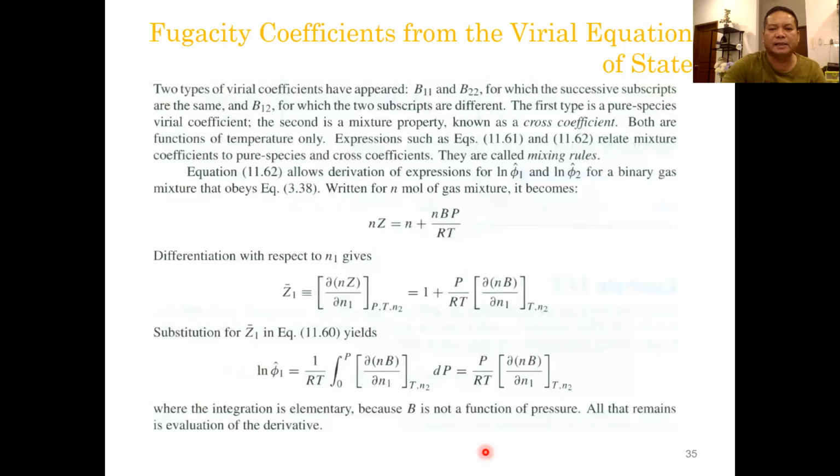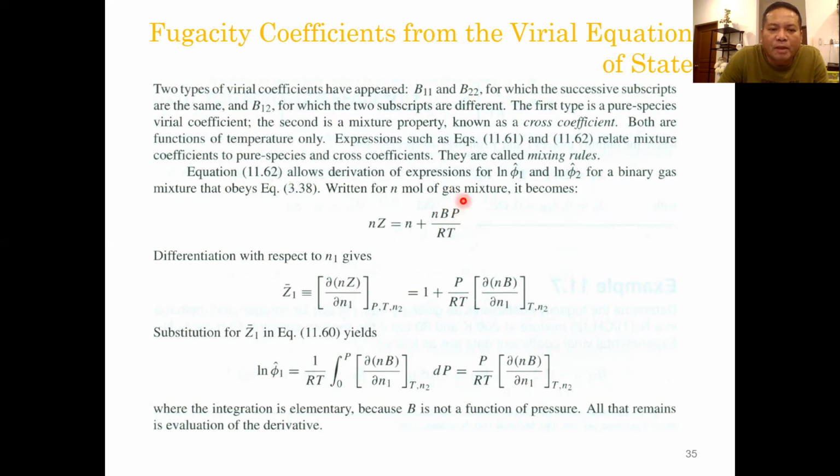Now, this mathematics. The two final equations have B1 and B2, for which the subscripts are the same, and B12, for which the two subscripts are different. I already explained that.